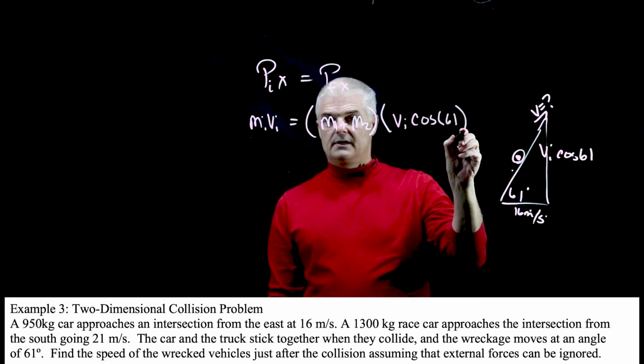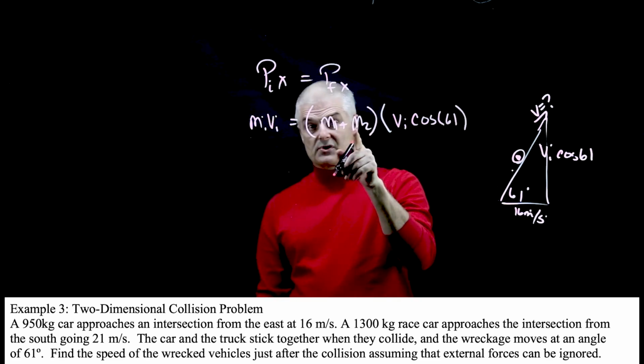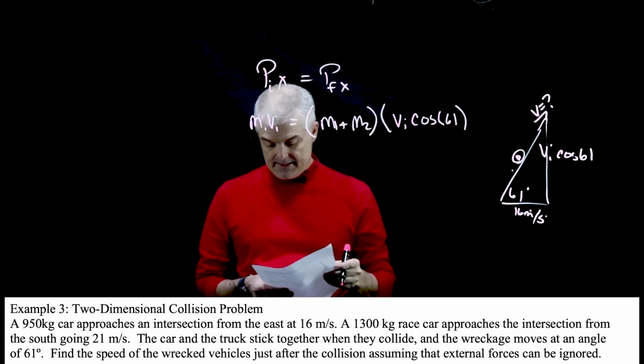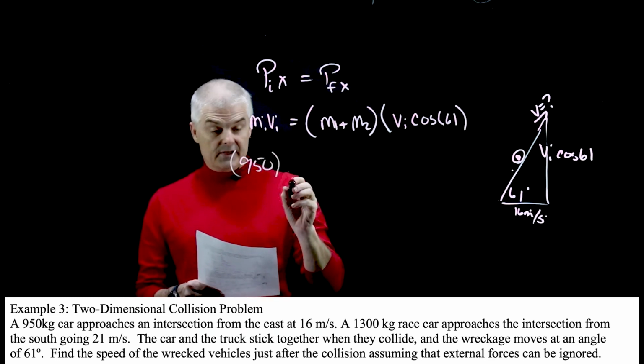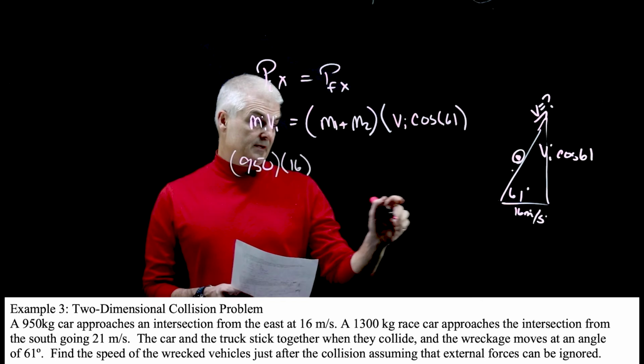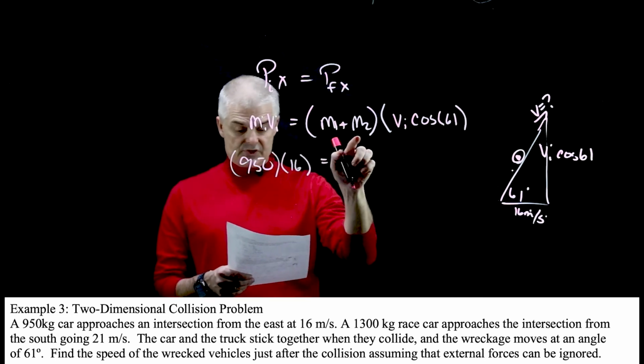Does that make sense? Now we know what these m's are. M1 is 950. V initial is 16 meters per second from here. That equals the sum total of these.